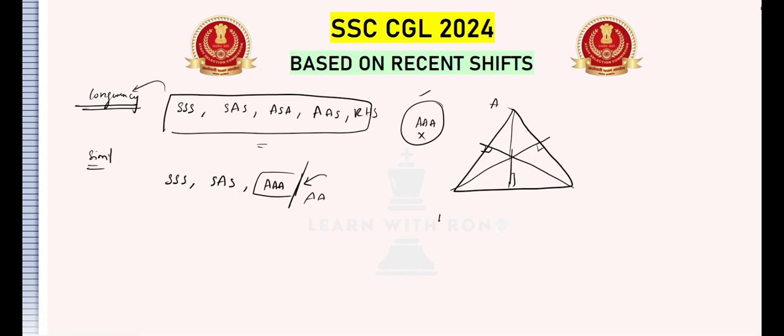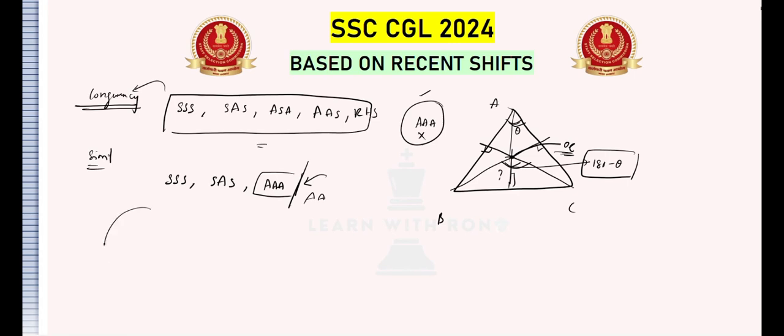In a triangle ABC, if they give this value as theta and ask you to find this angle, the point of intersection of the perpendiculars is the orthocenter, and the angle is 180 minus theta. So theta plus this angle is 180 degrees. Remember that in the orthocenter case.